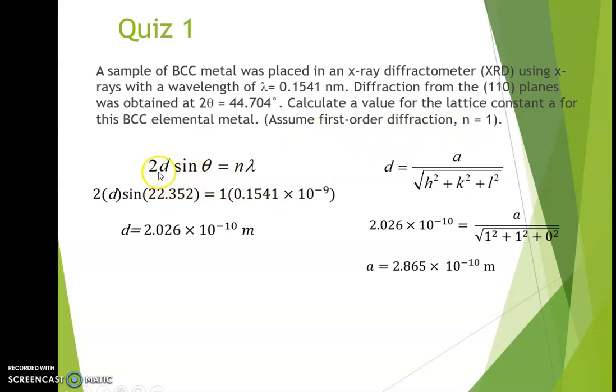Okay, from the equation 2d sin theta equals n lambda, d is a over the square root of h squared plus k squared plus l squared. Because of the plane 110, we just put in 1, 1, and 0. So we get a equal to 2.865 times 10 to the power negative 10 meter.